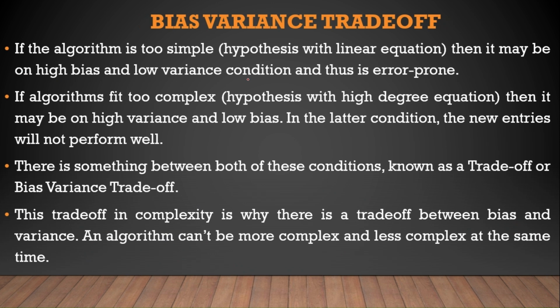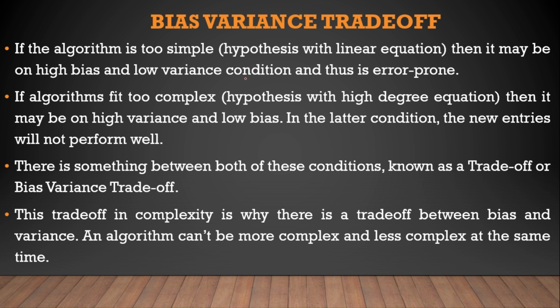What is this bias-variance trade-off? If an algorithm is too simple, like a hypothesis with a linear equation, then it may have high bias and low variance, and thus it is error prone. If the algorithm is too complex, then it may have high variance and low bias.